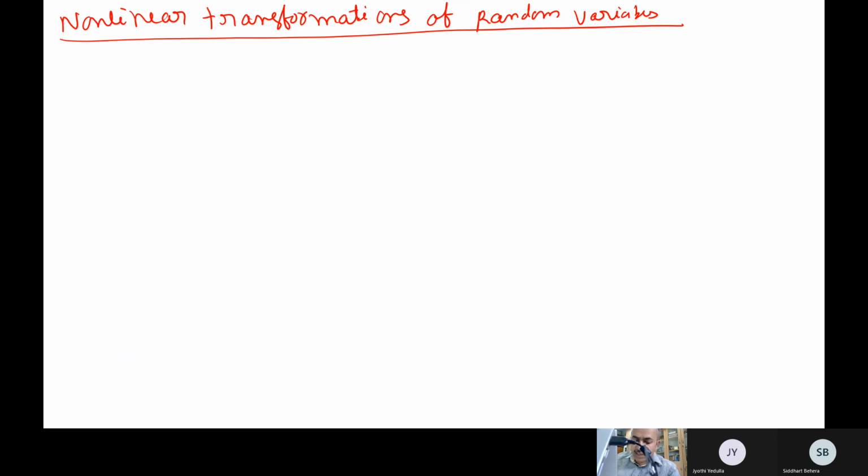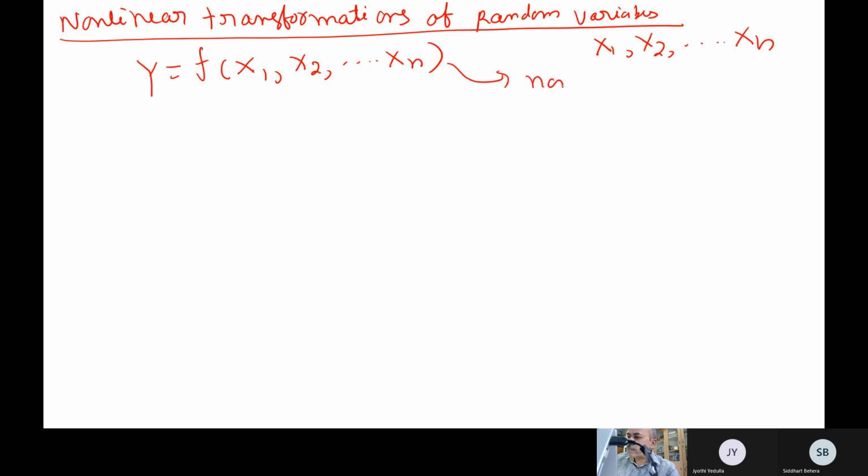For example, I have an initial set of random variables X1, X2 up to Xn, so these are all random variables. Now I have a function Y which is a function of all these random variables, and we are saying that this is a nonlinear function.